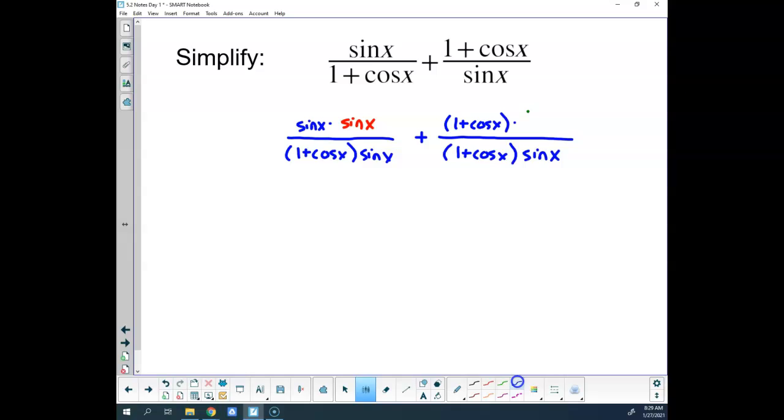One plus cosine of x. Then what? What do we do next? Like, simplify it a little bit first? Yeah. Okay.